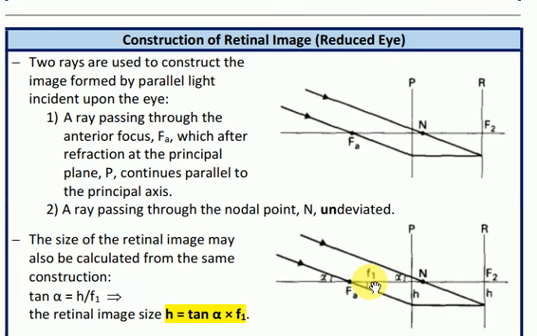The retinal image size is tangent alpha multiplied by F1. The angle alpha subtended by an object at the nodal point is called the visual angle. It will be appreciated that as an object of given size approaches the eye, it subtends a greater visual angle and thus appears larger.